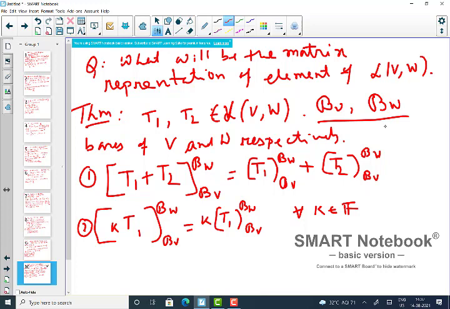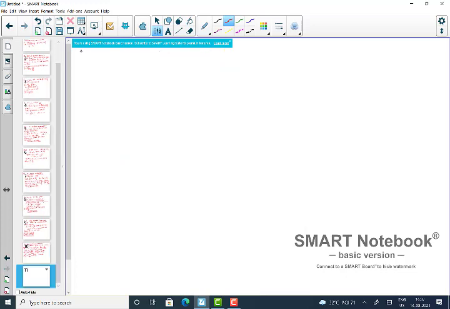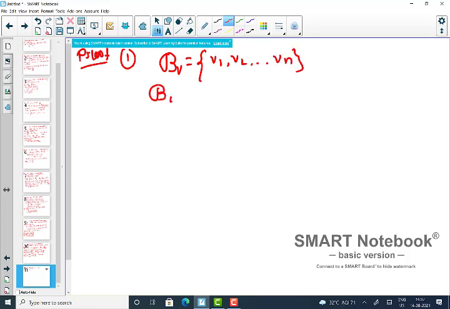Now the proofs are also simple. So how do you prove it? Proof of one: you have the basis vectors v1, v2, ..., vn, and BW is w1, w2, ..., wm. Then what do you know?